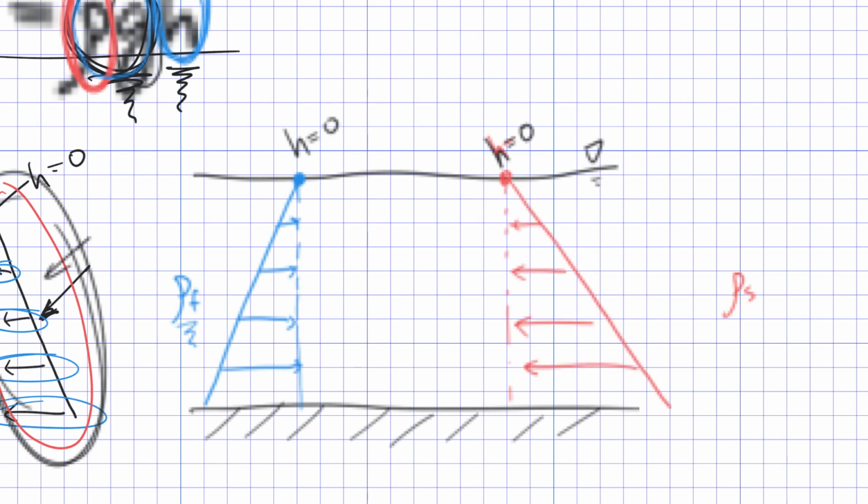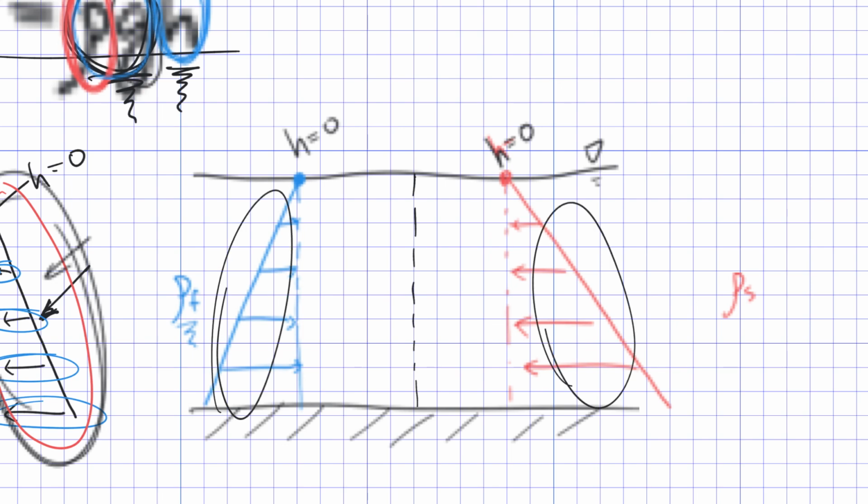Okay, so now if I want to add up these two pressures on a single line, right? So if I wanted to put a single line right through the middle of all this, and I want to add this pressure to this pressure, hopefully you can see that at the surface, they add up to 0. At the bed, this arrow, which I didn't draw, compared to this arrow, is pretty large, right?